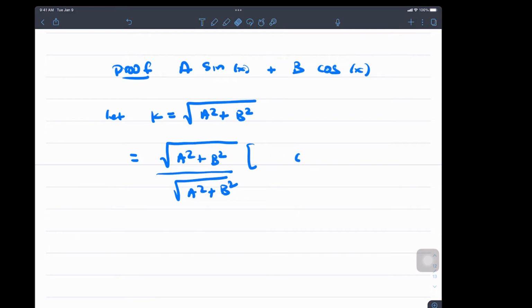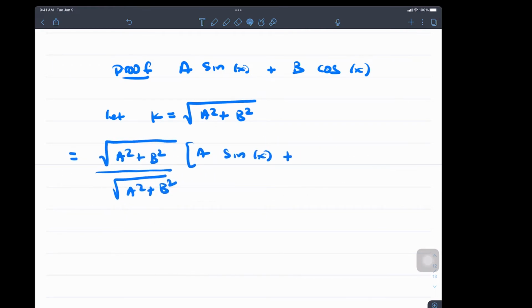So this is going to be a sine x plus b cosine x. Because remember, this is k over k, which is 1, just so you guys know. Okay? So in other words, we don't change the equality there at all.